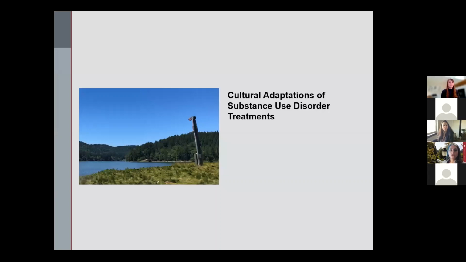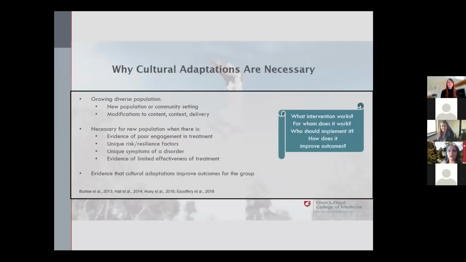Turning to cultural adaptations of substance use disorder treatments, this is a picture of where I'm at right now. It's not quite this sunny today, but this is a beautiful land that I'm calling in from. I wanted to talk about why cultural adaptations are necessary. For those of us that do this work, it's pretty obvious, but sometimes we get questions of why it is important.